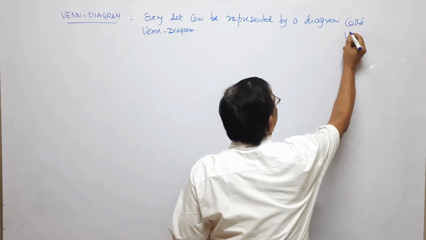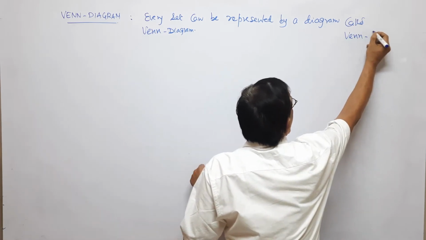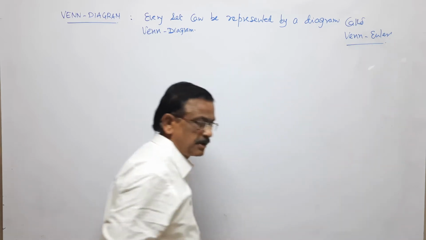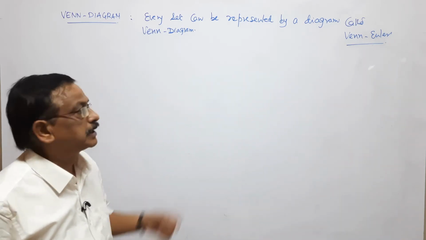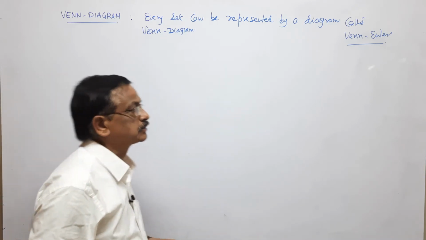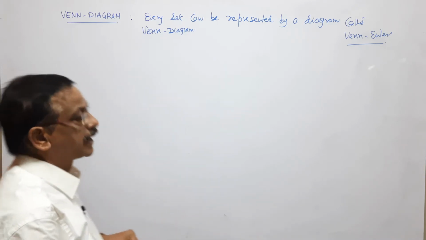Sometimes it is called a Venn-Euler diagram, but usually people say Venn diagram. Euler is also a mathematician, so Venn-Euler diagram or simply Venn diagram.